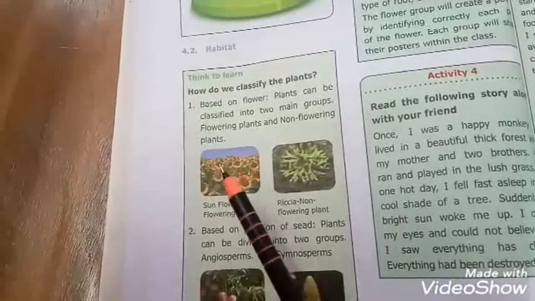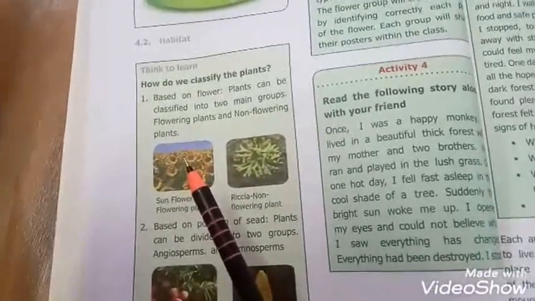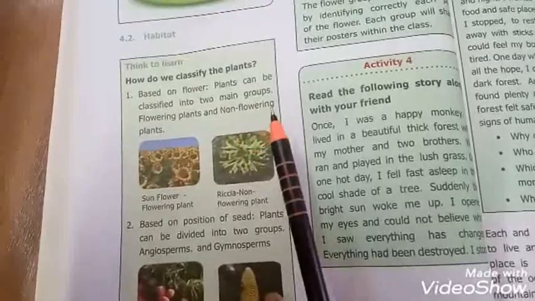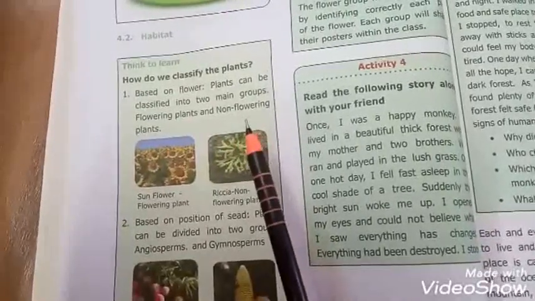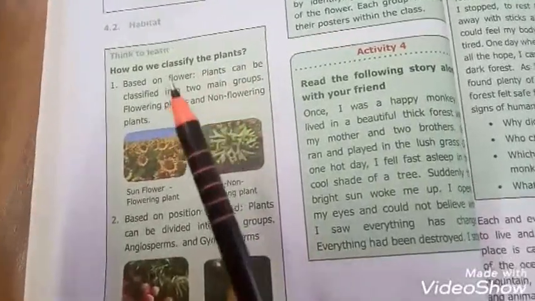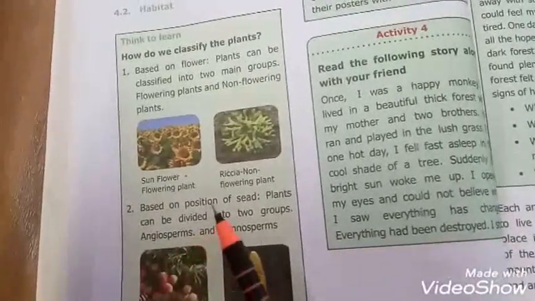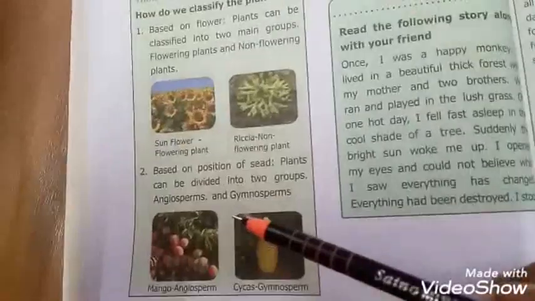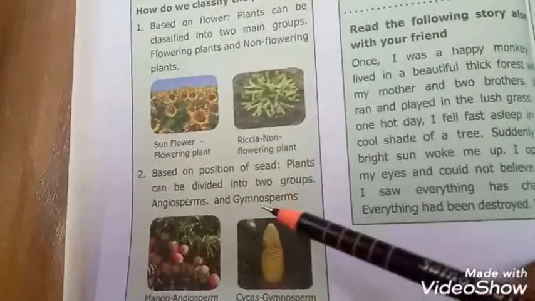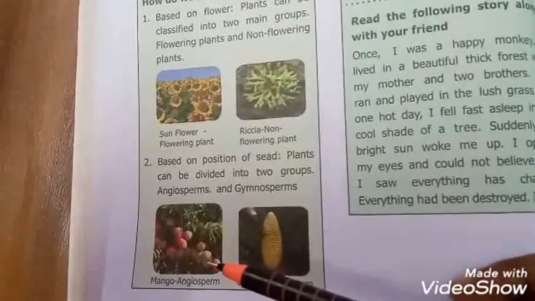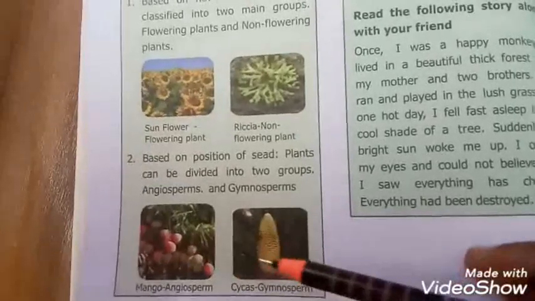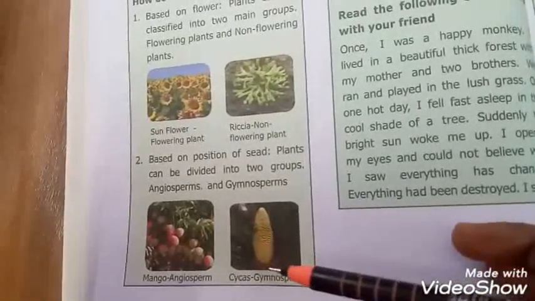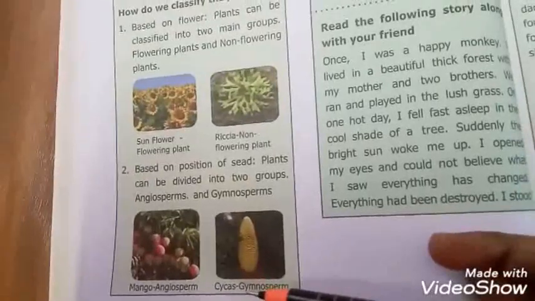The flowering plants give flowers, and non-flowering plants do not give flowers. And based on position of seed we divide into two groups, angiosperm and gymnosperm. Angiosperm example is mango and gymnosperm example is cycas.